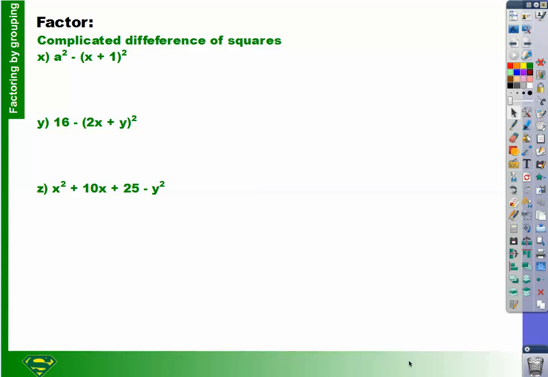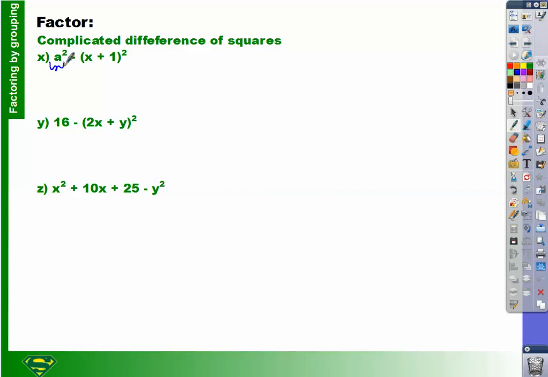So, looking at this, we have two terms that are perfect squares. We have a squared, which is a perfect square. So here's one perfect square term.